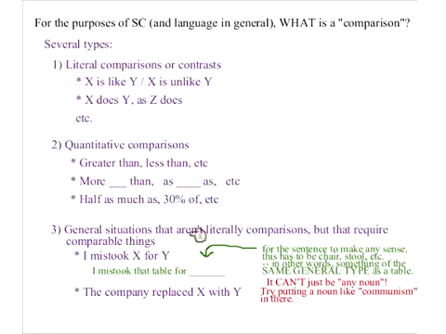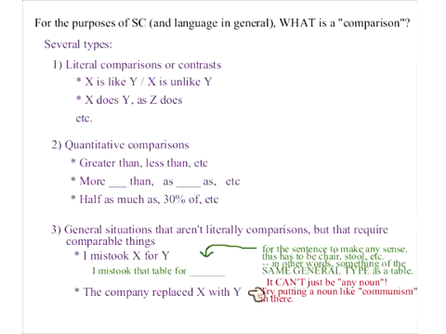So when you have comparisons, that's why this is a comparison. Unless you are literally crazy, like some sort of weird mental thing where you actually think a table could be communism, barring that sort of situation, you have to have things that are actually comparable. Same thing with this. If you replace X with Y, they have to be things that are like each other. So if X is the company's old work truck, then Y has to be another vehicle.